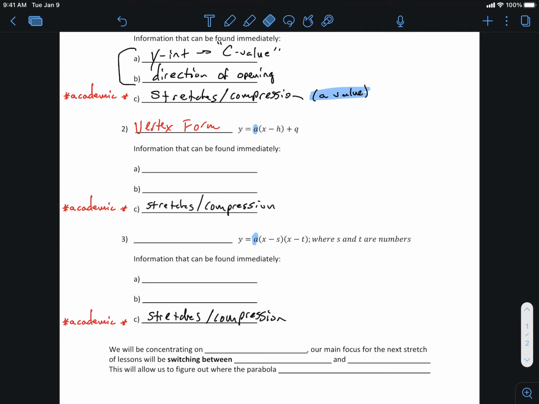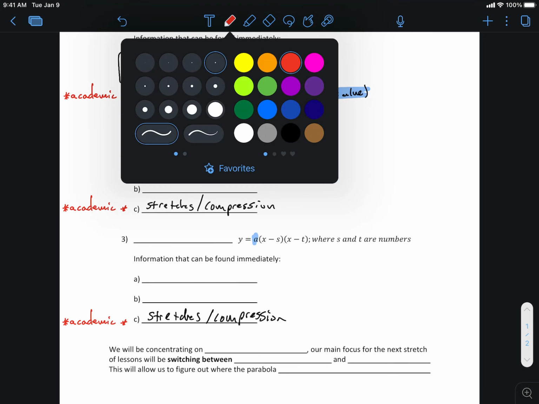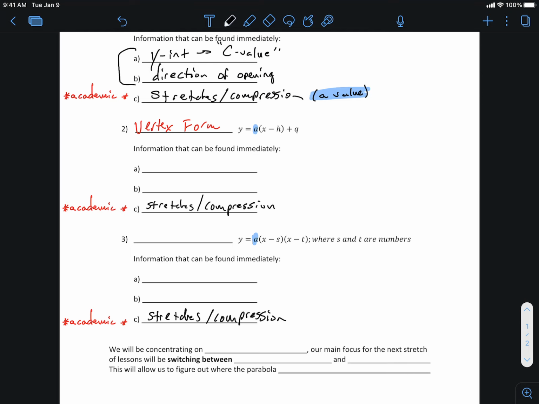So it's called vertex form. Some of you could take a guess as to what we might be able to find with this, based on its name. We can find things about the vertex, which in turn leads you to the optimal value.